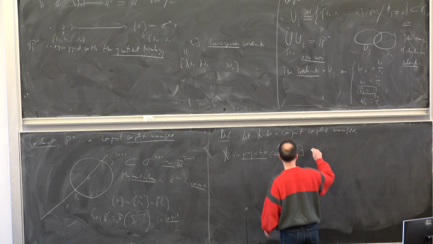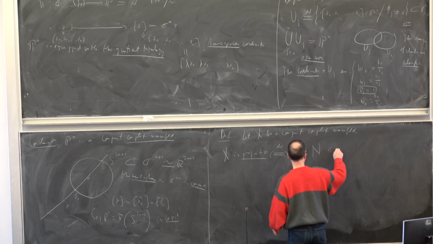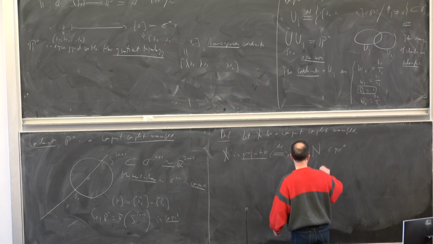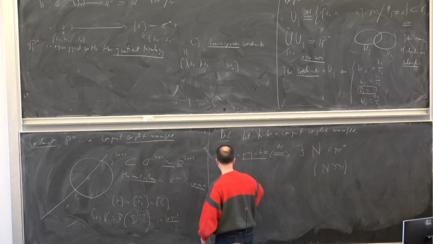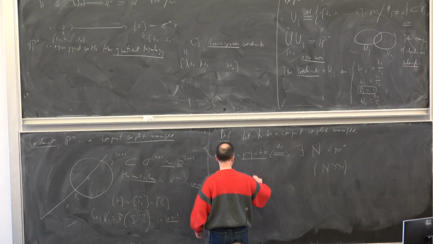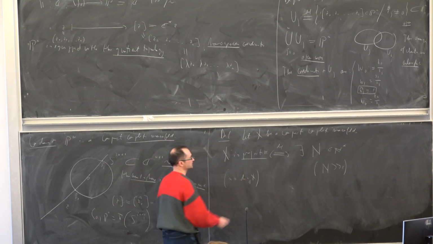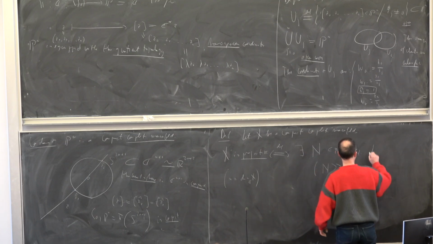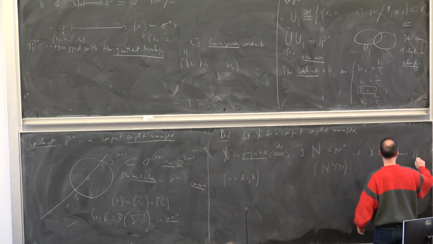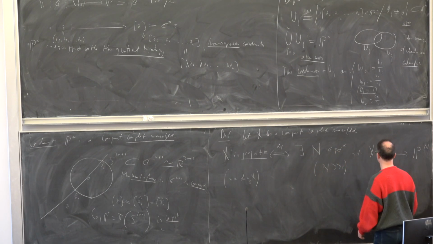So if and only if there exists a capital N in N star, usually this capital N is very large, much larger than the dimension of the manifold. So for example, if we denote by lowercase n the complex dimension of the manifold, this capital N is usually much larger, such that X can be embedded into the complex projective space PN.